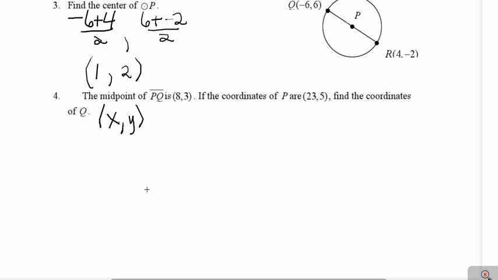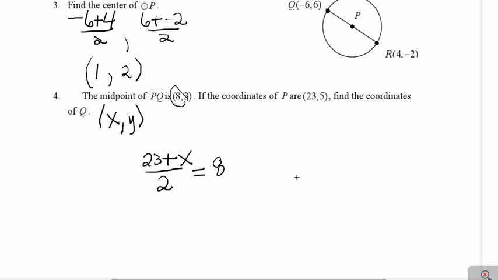And we know the midpoint formula, you have to add the two x's of the two endpoints. So since P and Q are endpoints, we'd have to add 23 plus x, divide that by 2, and then that must equal the x coordinate of our midpoint, which is positive 8.